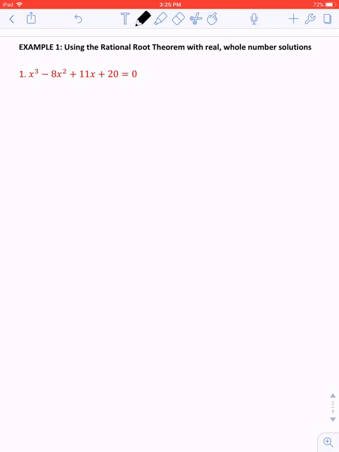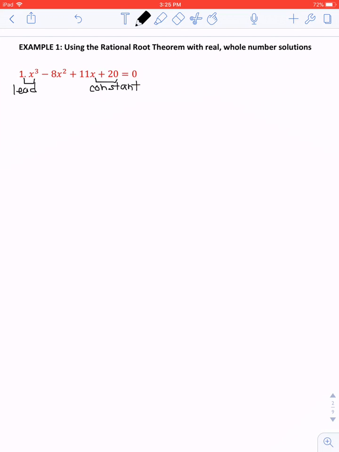All right, so first thing that we want to do is just identify information that we're going to use in those 4 steps. So the information that we want is going to come from your leading term and your constant term. So this is the lead. This is your constant.